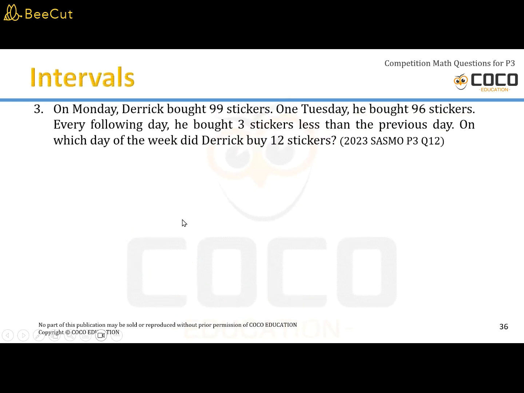Question number 3. That's a real SASMO question, which has some steps more than the previous question. But the beginning is the same. He bought 99 stickers on the first day, and then on the last day, he bought 12 stickers. So the first number is 99, the last number 12.